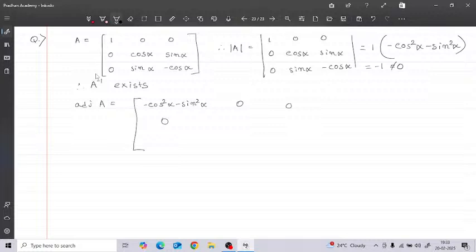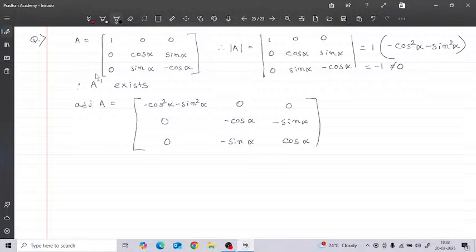Let's see what is my middle: minus cos alpha, plus sin alpha, minus sin alpha, minus sin alpha, cos alpha.